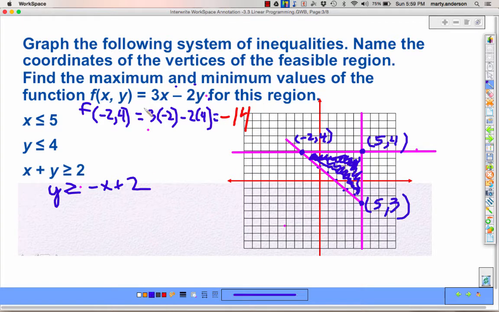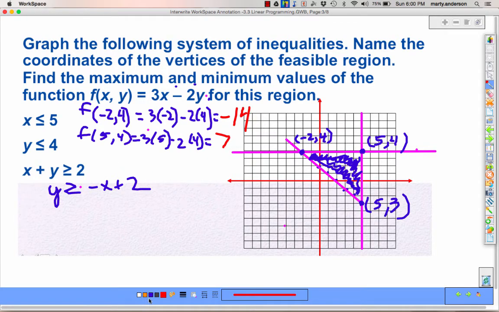Then we're going to do f of 5, 4: 3 times 5 minus 2 times 4 equals 15 minus 8, which is 7.